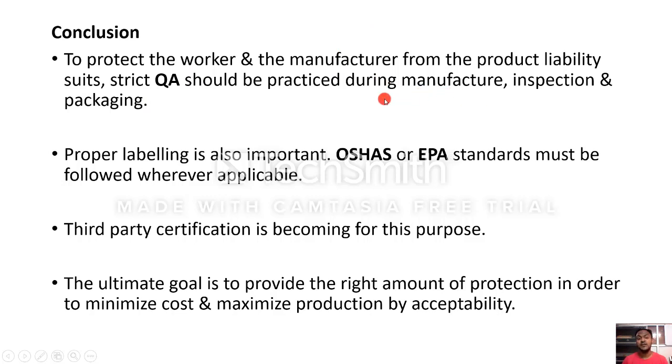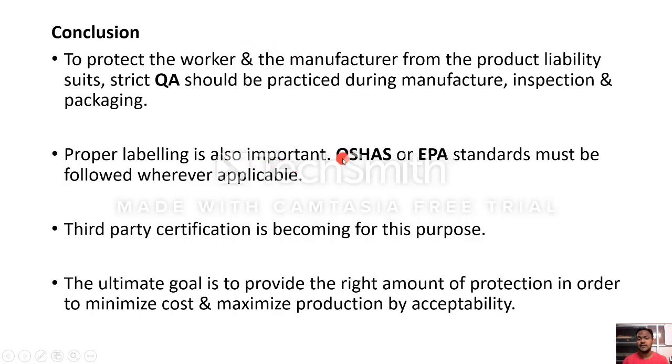This is very important, because otherwise the material will not be proper and it will fail in the tests, which is not a good thing. Proper labeling is also important.